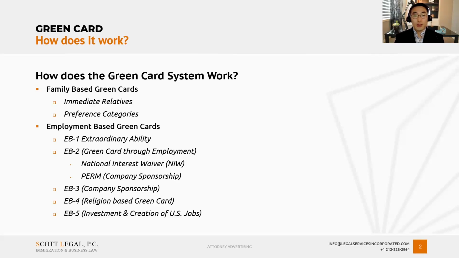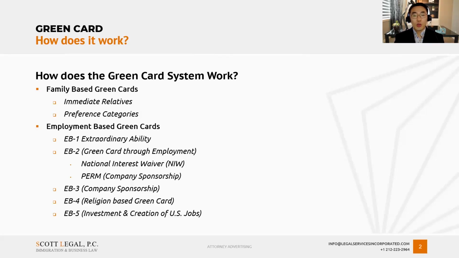Employment-based categories are broken into a total of 5 big categories from EB1 to EB5. EB1 is generally known as extraordinary ability cases. EB2 is for national interest waiver, and PERM cases, where the application process goes through the Department of Labor first before you submit the application to USCIS.